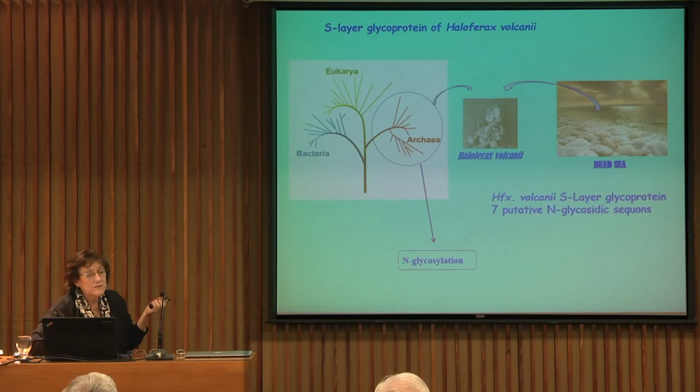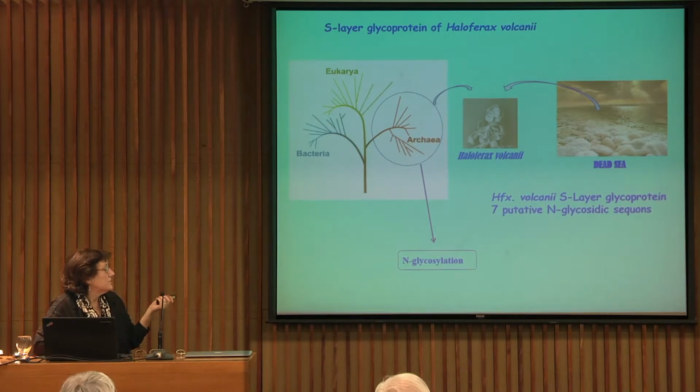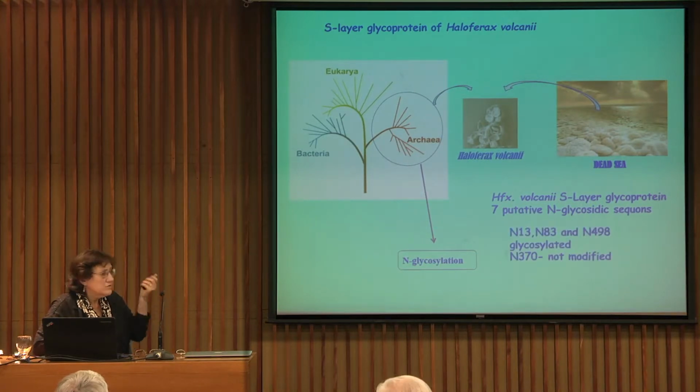So when someone brought us this problem, the S-layer glycoprotein had 7 putative N-glycosylation sequons, and a lot of work had been performed before. For example, asparagine 13, asparagine 83, asparagine 484 were already known to be glycosylated, as well as the type of glycosylation. And they also knew that asparagine 370 was not modified. But what about the other sequons?